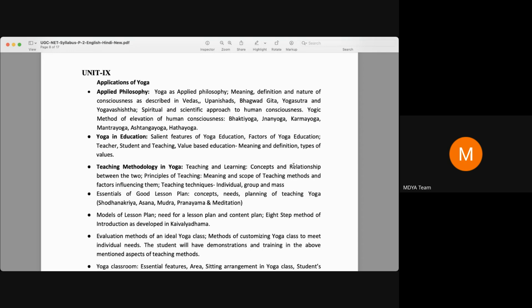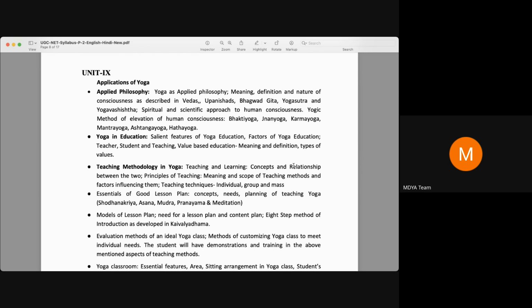in paper number 1, and all the essentials of a good lesson plan, how to make the lesson plan before going to the class. Because if you are teaching theory, it's okay, but you have to be in a practical class also. Then you have to be prepared with a lesson plan.